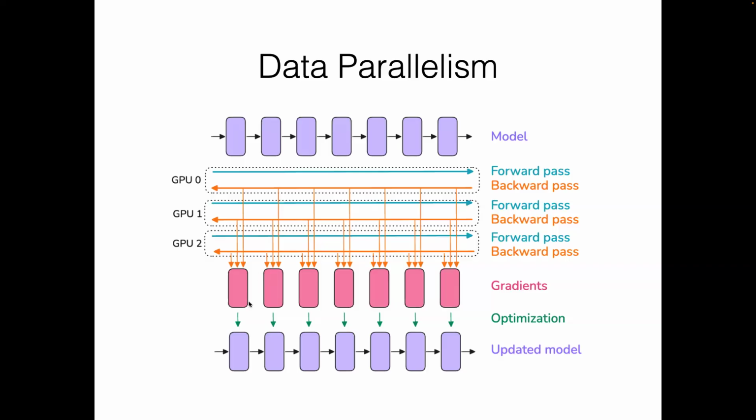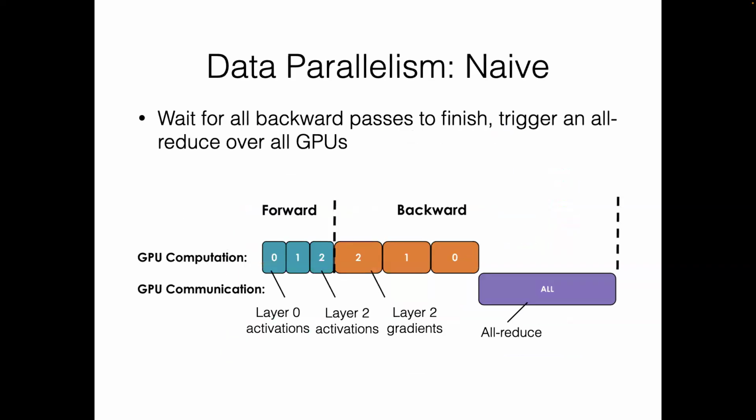And that requires communication across multiple GPUs. The operation is called an all reduce. It's basically taking all of the different gradients and performing a reduction operation. One example of a reduction operation is taking the average. So it's referred to as an all reduce.